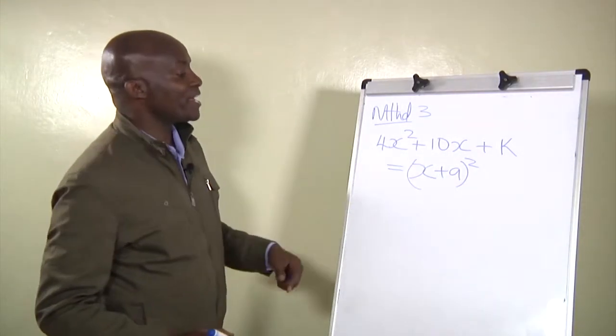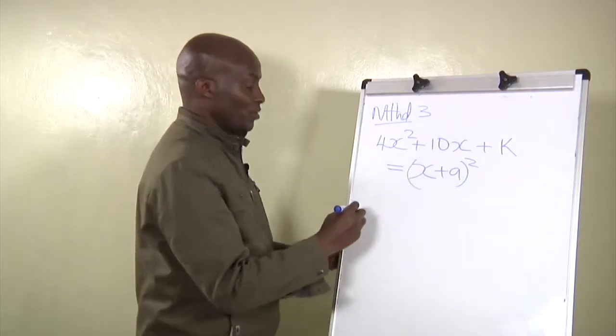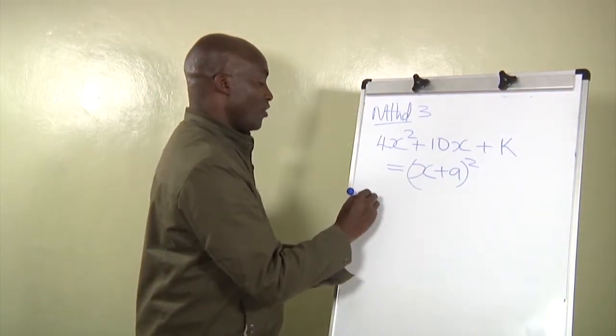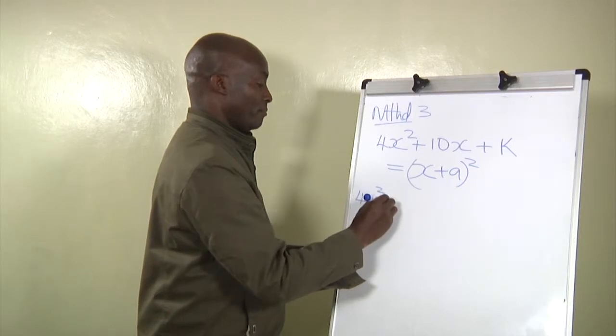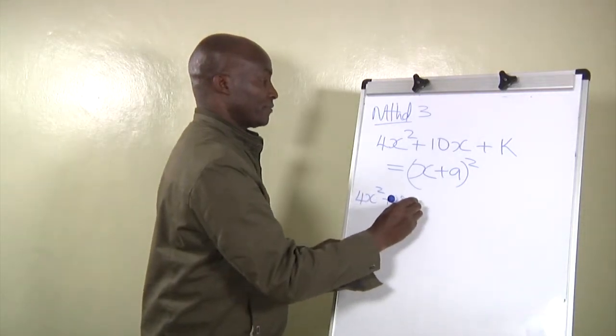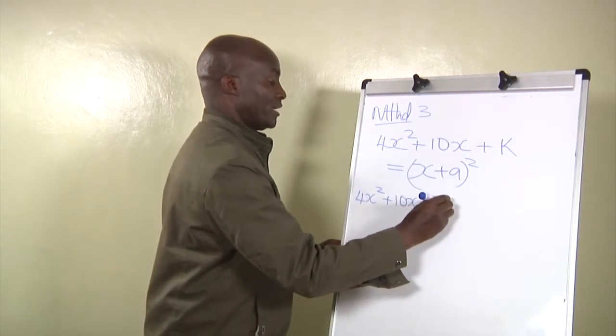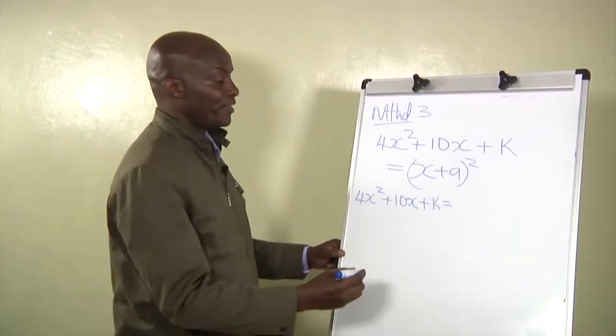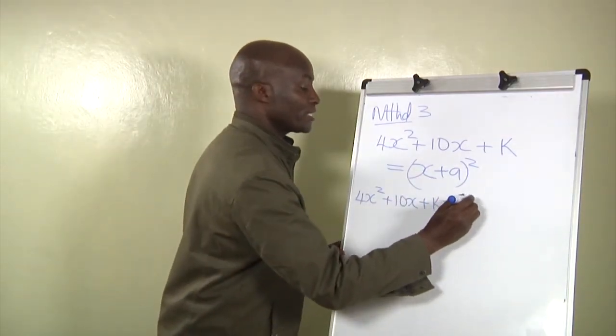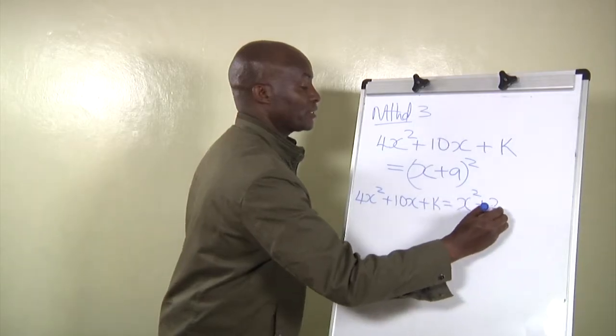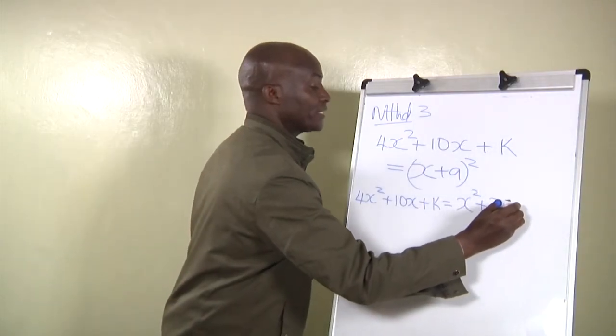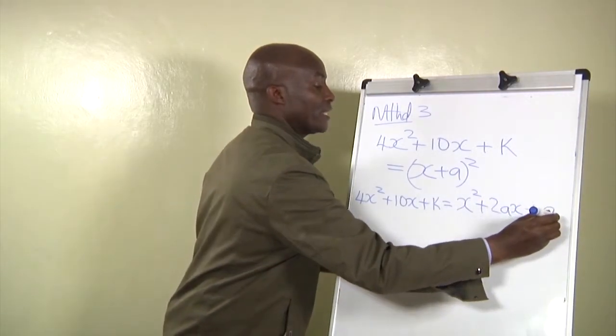So now, expanding the right-hand side, we have 4x squared plus 10x plus k equals, when we expand this the usual way, x squared plus 2ax plus a squared.